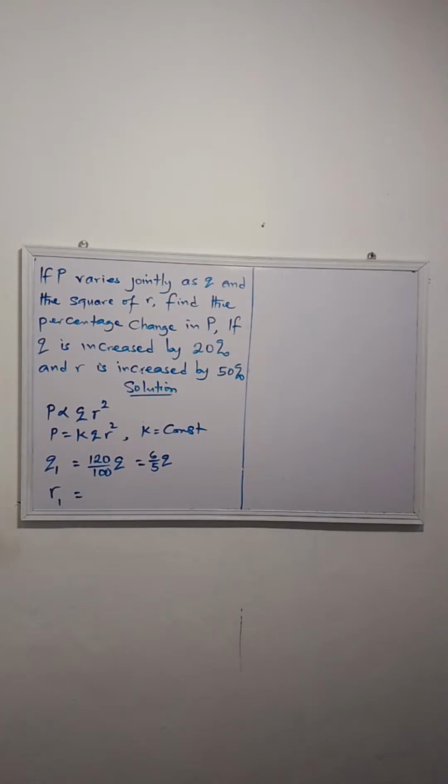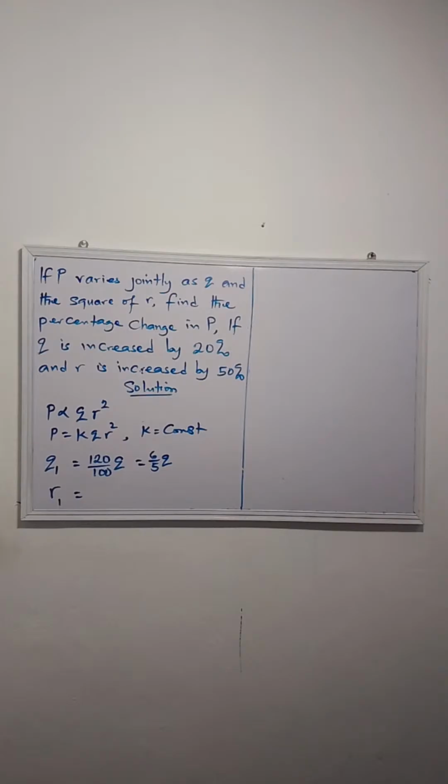Another person. Olawale, 150. Yes, I can see your answer: 9 over 4R squared. So how did you get that? How did you get R squared?